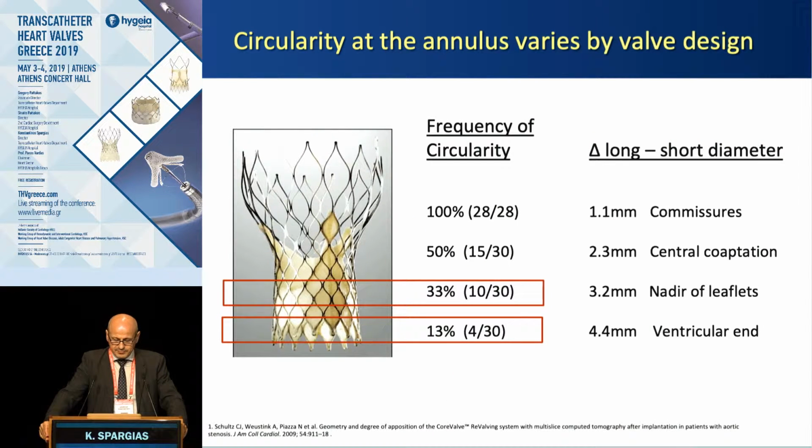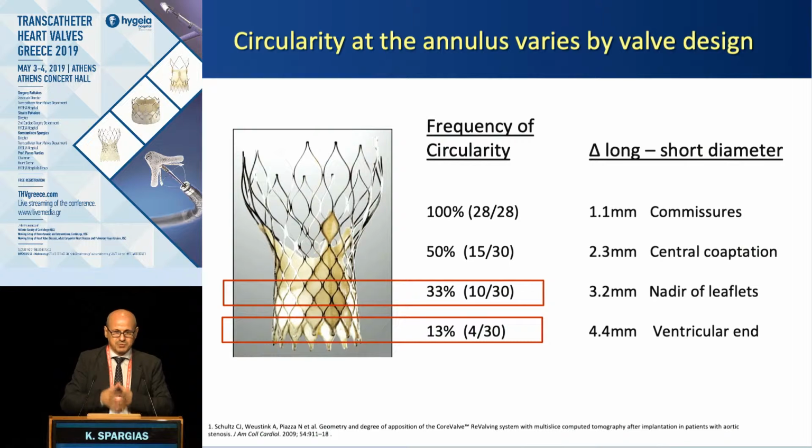With the self-expanding Evolut CoreValve design, this study was with CoreValve, they found that after implantation, we had circularity only at 13% at the inflow of the valve, and at the level of the annulus, this circularity was going up to 33%. So we have to balance the supra-annular design with the circularity.